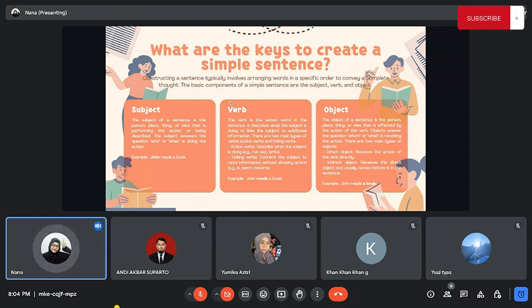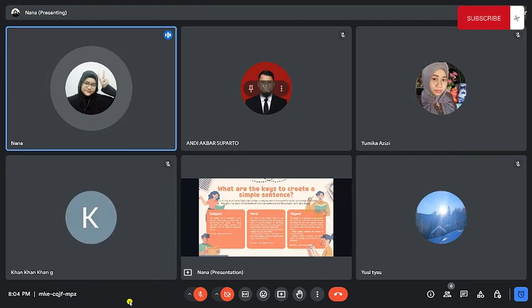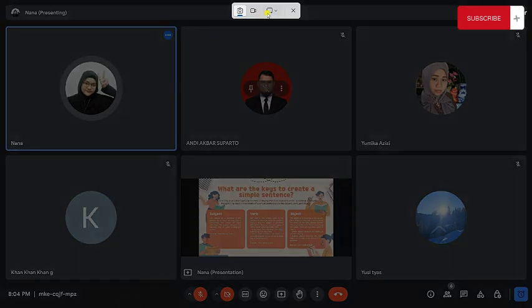Okay, the second key point is verb. The verb is the action word in the sentence. It describes what the subject is doing or links the subject to additional information. There are two main types of verbs, which are action verbs and also linking verbs. Action verbs describe what the subject is doing, for example run, eat, write, sleep.